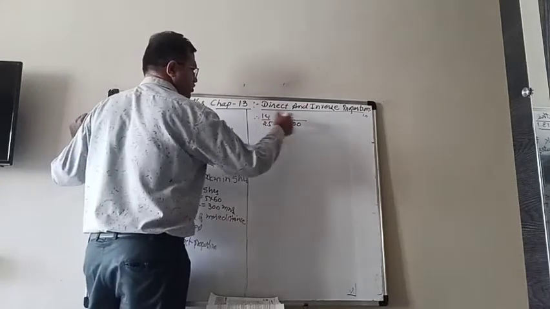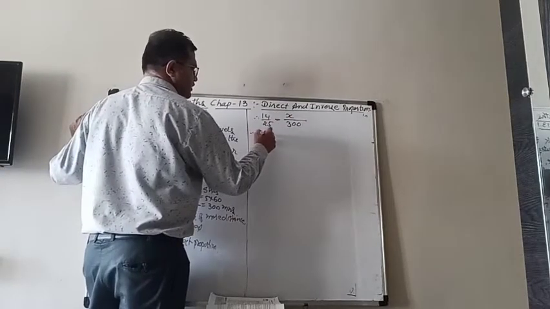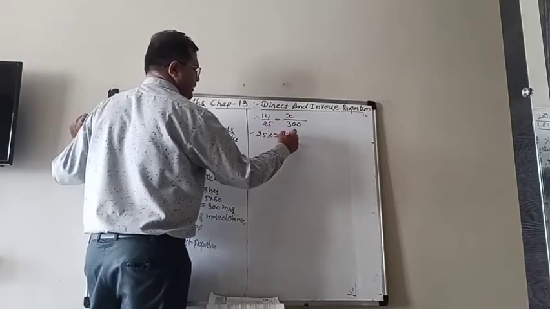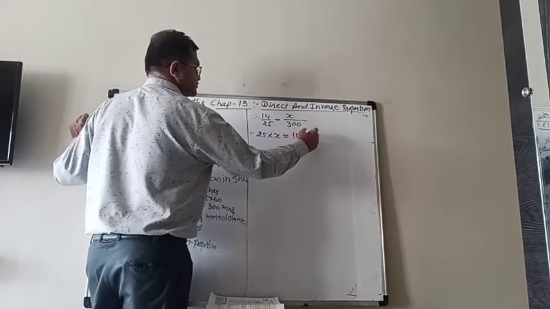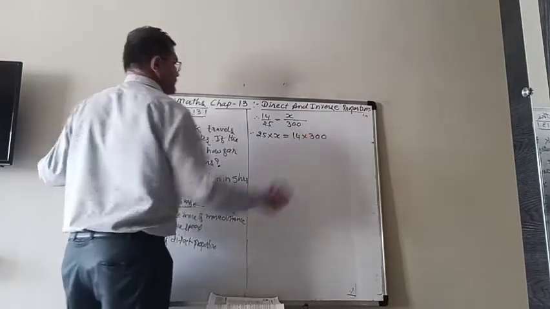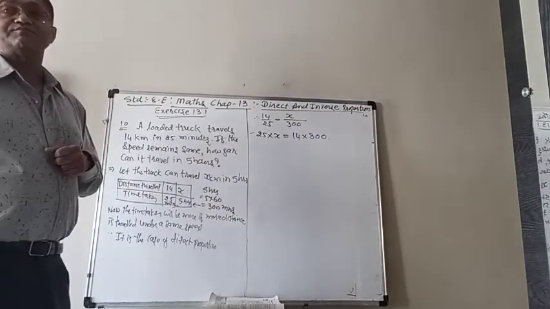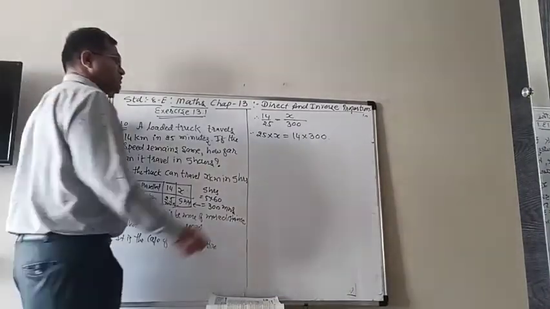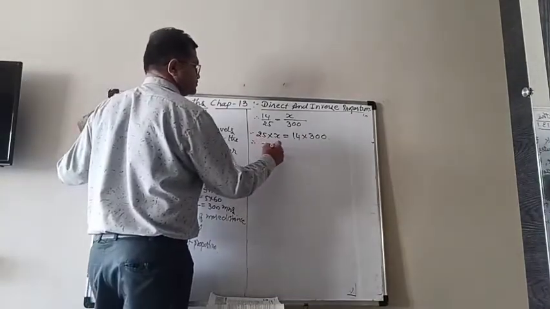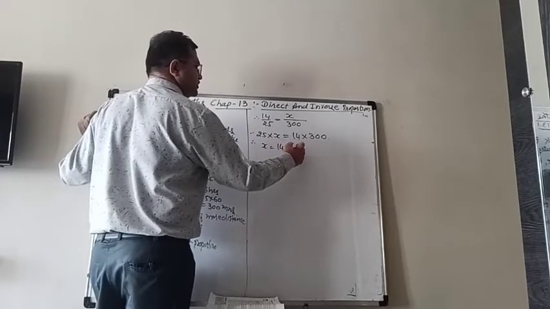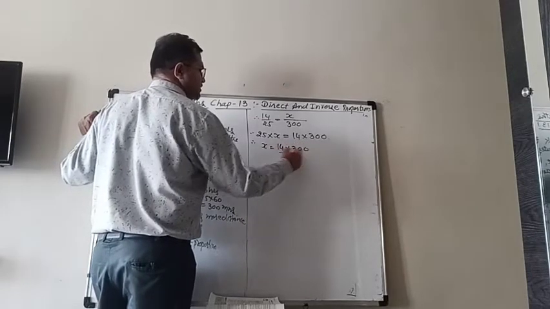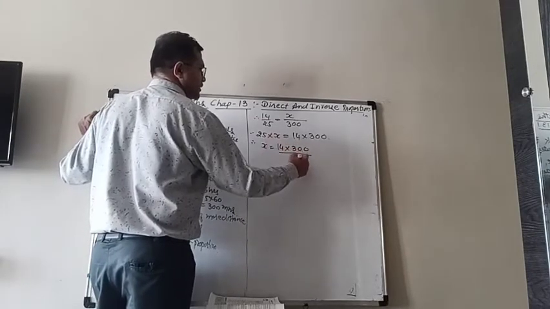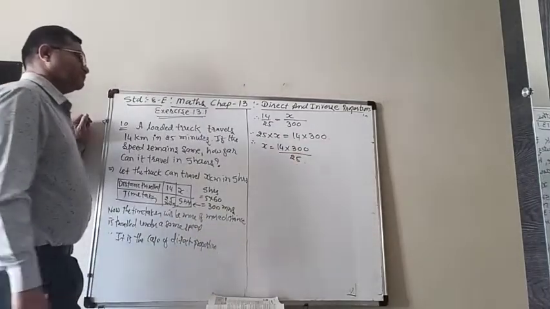Now do the cross multiplication. So 25 multiplied by x is equal to 14 multiplied by 300. So now x is equal to 14 multiplied by 300 divided by 25.